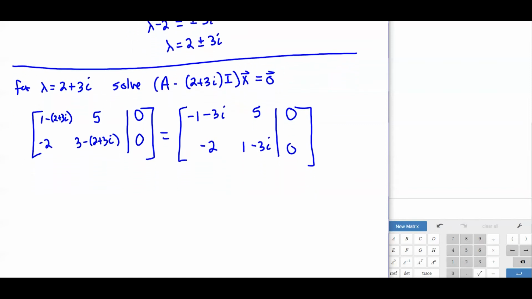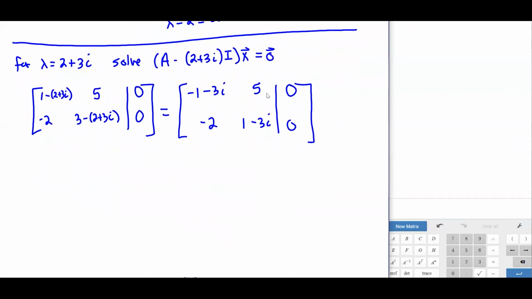All right, so the question is, how do you row reduce a matrix like this that has these complex numbers in it? Well, really we'd like this guy to be a 1. So let's turn this complex number into a real number. So how do you do that? Well, you just need to multiply this complex number by its conjugate.